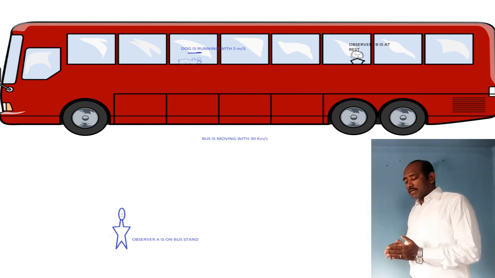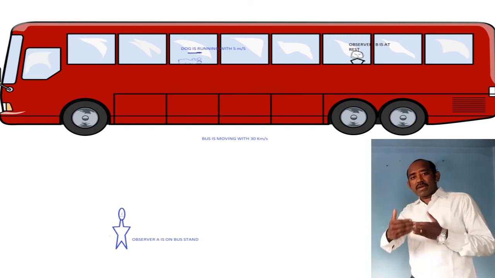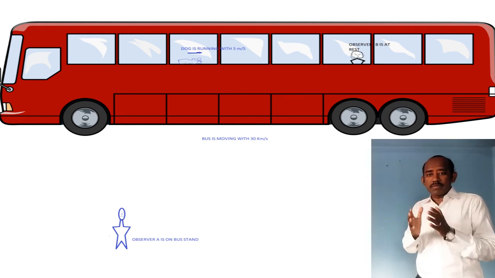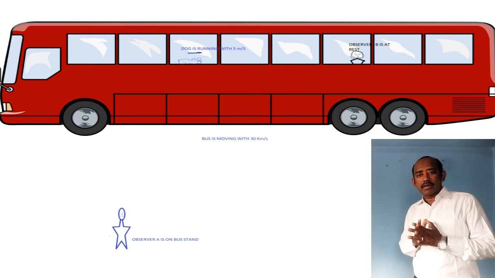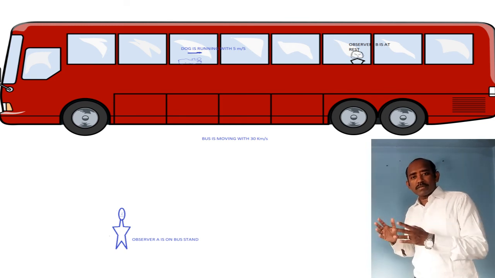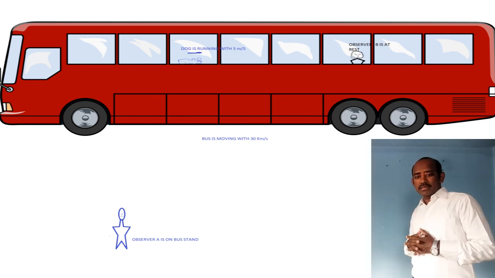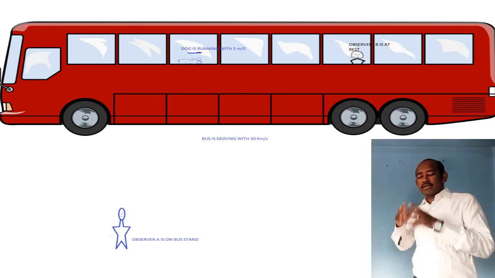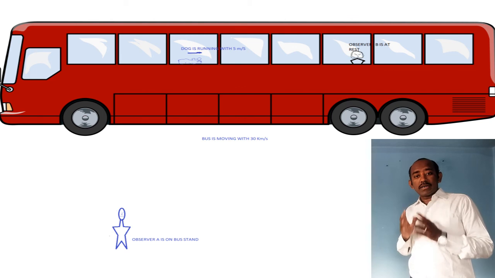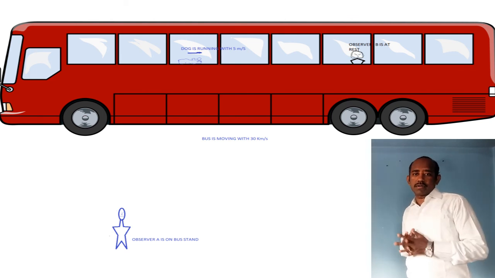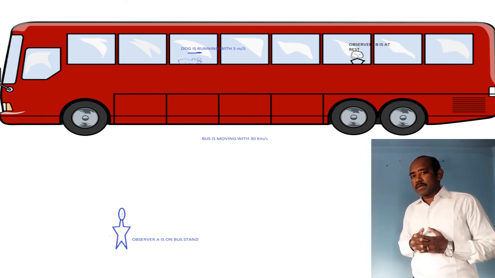For him it includes the bus velocity also. The bus is moving with a velocity of 30 km per hour and the dog is moving with a velocity of 5 km per hour in the same direction. So in such a case, the dog's velocity is 35 km per hour for observer B.